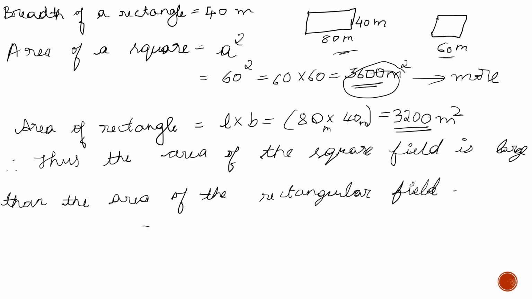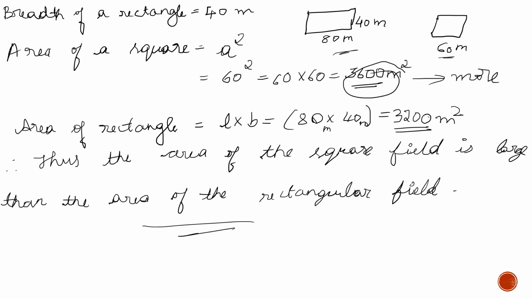Okay, now we understood whose area is more. First we found the breadth from the perimeter of the square.